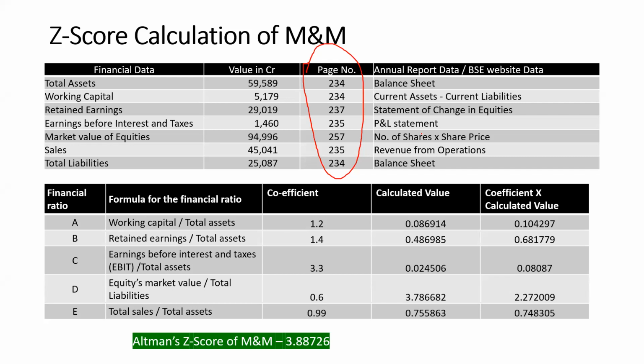So now we have calculated the Z score for one of the public manufacturing firms in India. They are in the safe zone.